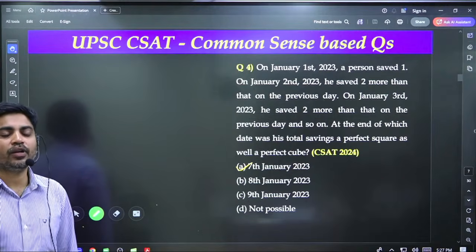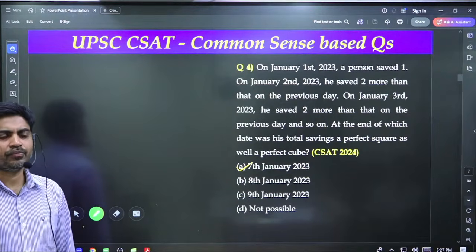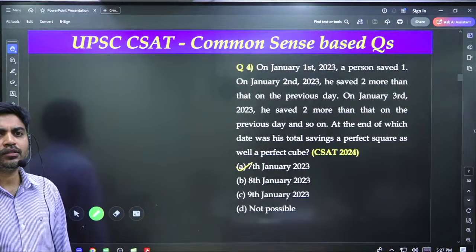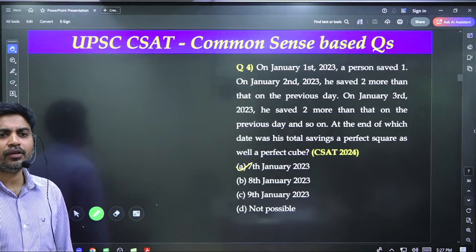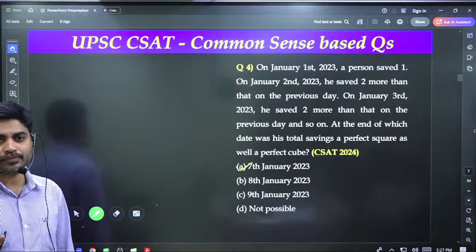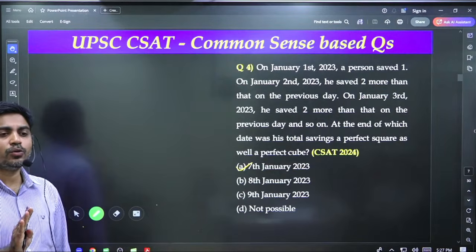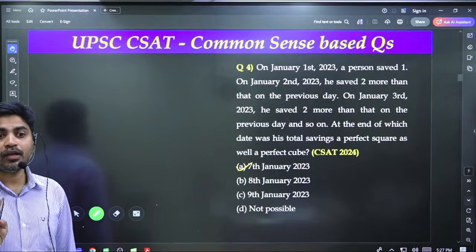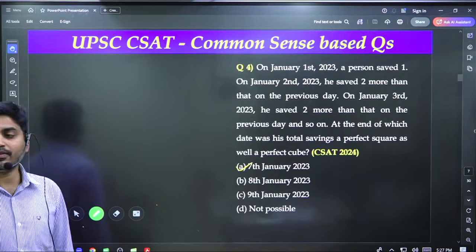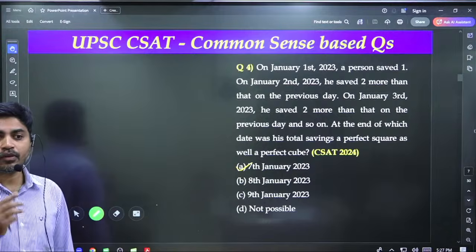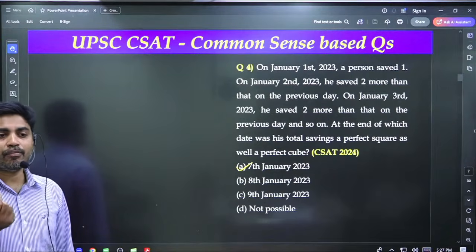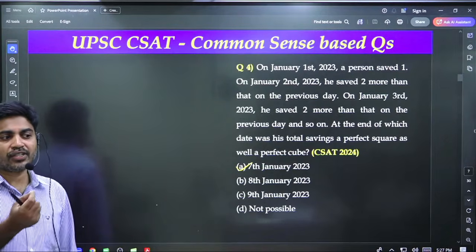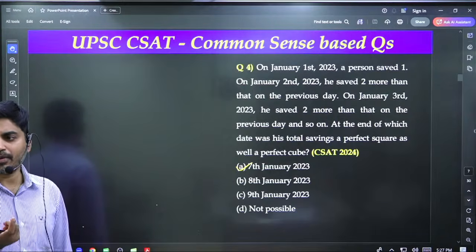Suppose you take only the first 2 days, 1 rupee plus 3 rupees, the total will be 4 only. So you have to take some days so that the sum should be a perfect square as well as a perfect cube. Can you tell me one example for a perfect square and cube?